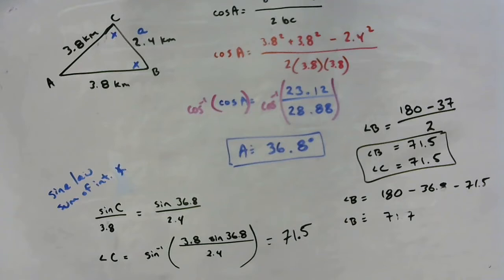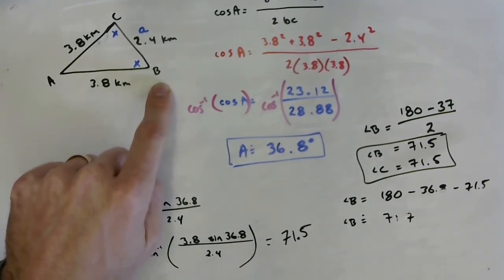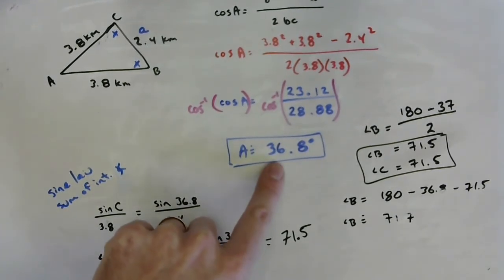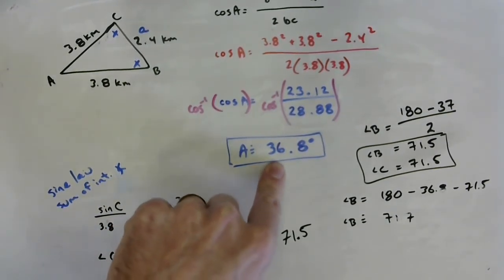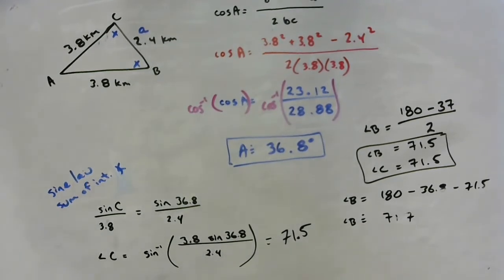And again, if we solved in a different order, like if we started by solving for angle B, we might have ended up with something off by a degree or half a degree, or it might round down instead of rounding up. Those little discrepancies are going to happen because we're rounding our answers and then using those answers again and giving answers that are rounded, okay? So don't be too thrown off by those kinds of things.